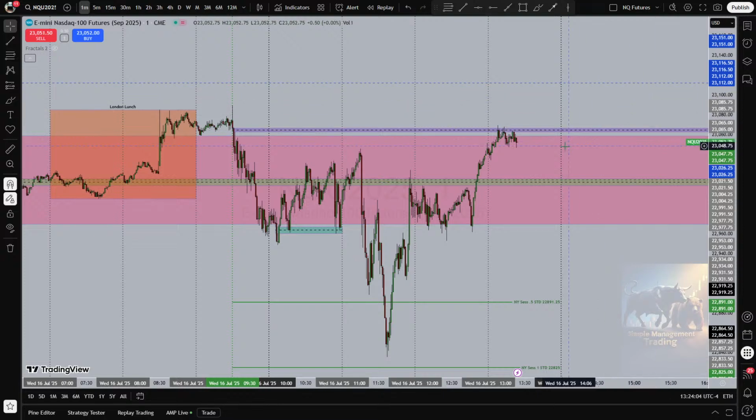Now, if that 946 price holds and we get to take over, use the first percent fair value gap as support, let's call it, we might go higher to take that high of day, and we might actually attempt to hit 23,151.